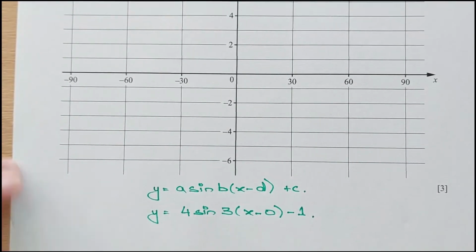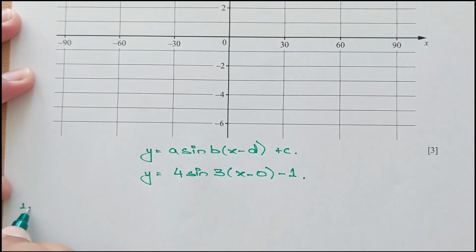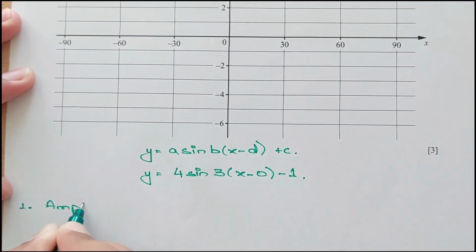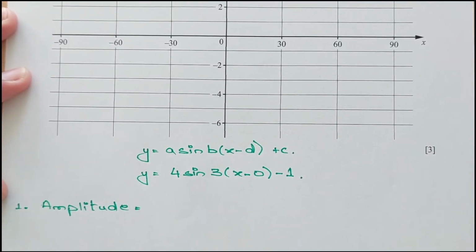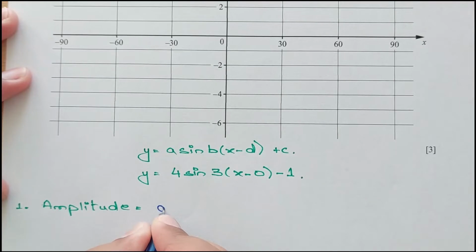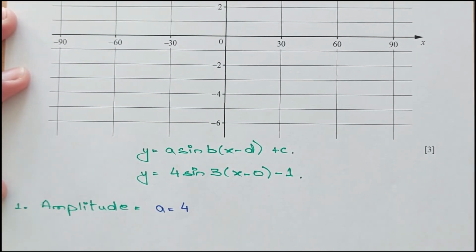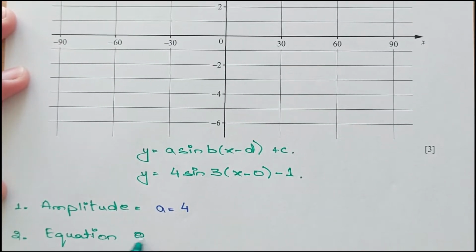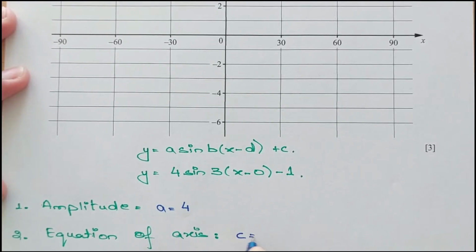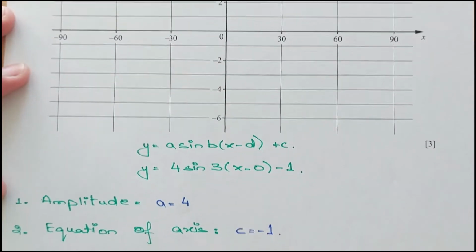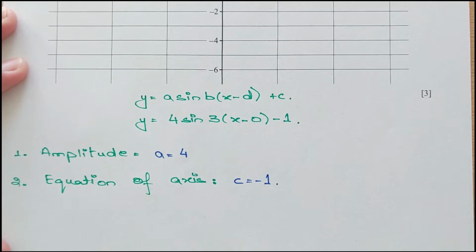Right. So the first step is to find the amplitude. We know the amplitude is the absolute value of a, that is equal to 4. Now let me find the second step, that is the equation of the axis. The equation of the axis is the c value, that is minus 1. Now we have the amplitude and the equation of the axis.